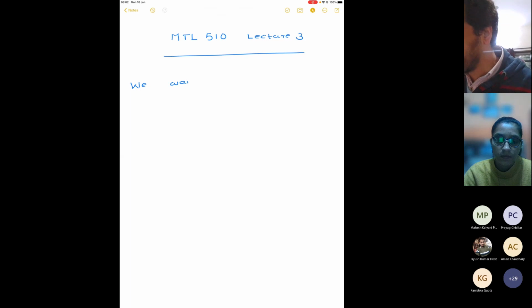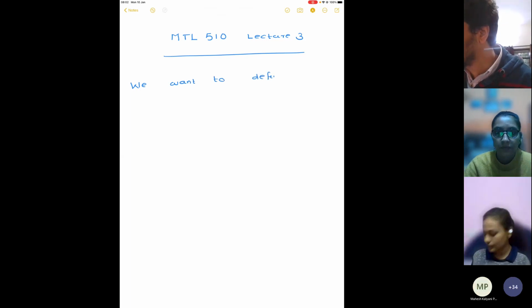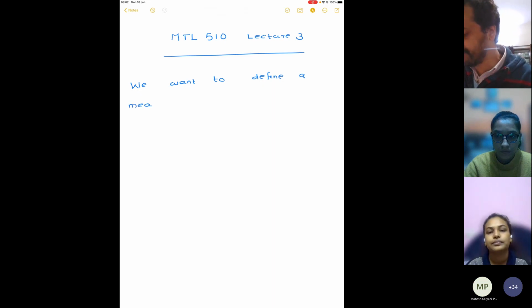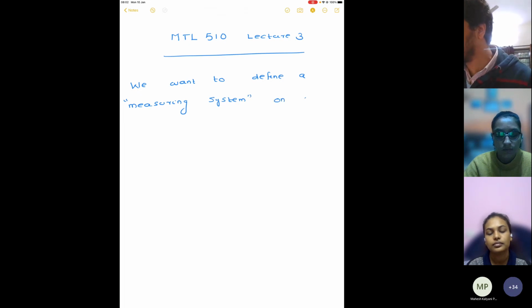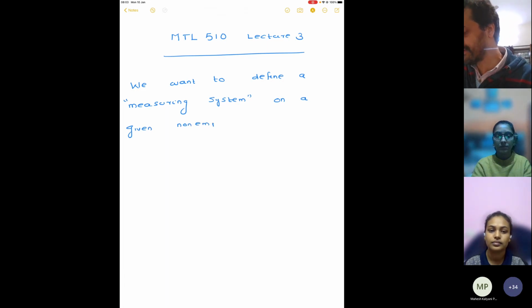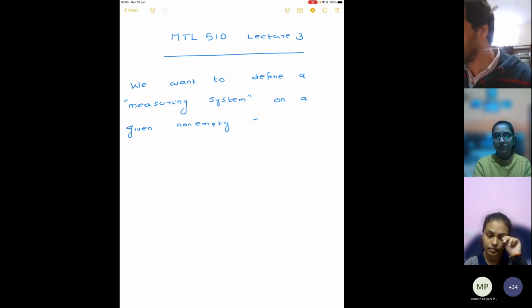We want to define a measuring system. It's a loose language I'm using. On a given non-empty set omega.